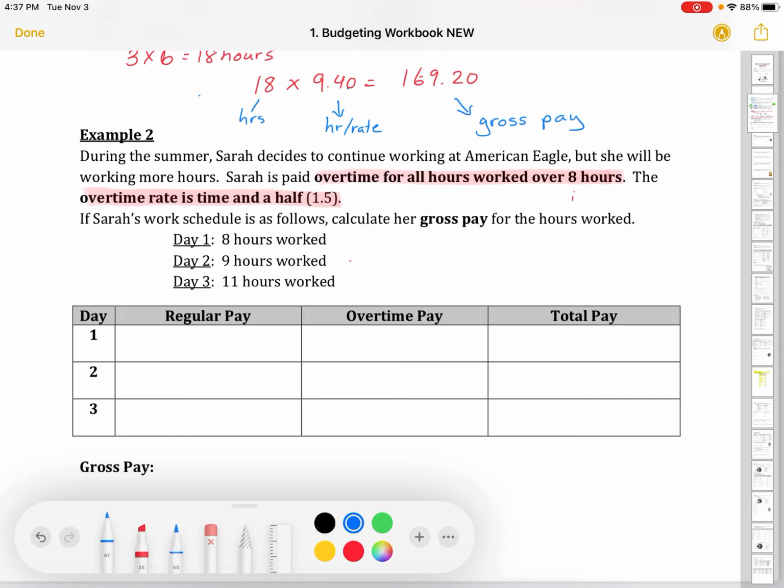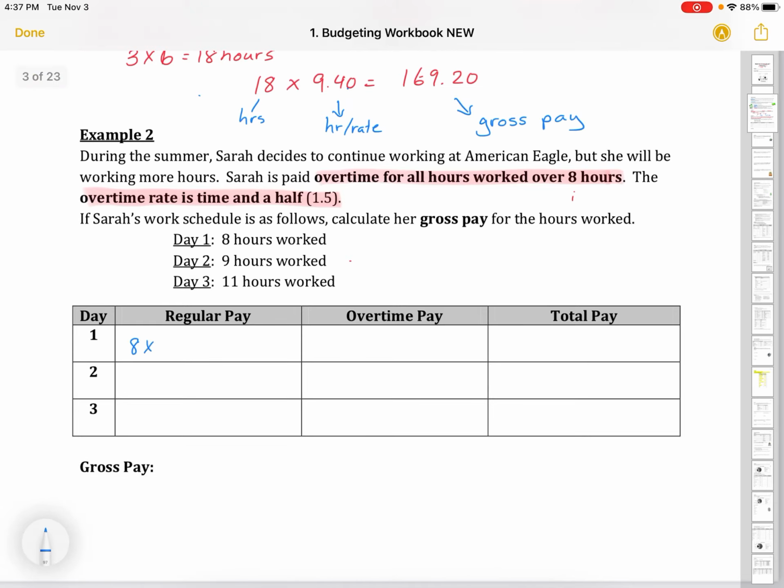For the first day, she worked 8 hours. So it'll be 8 times 9.40, which is equal to 75.20. She did not work any overtime because she only worked 8 hours. So she got 75.20 for that first day. Now day 2, she worked 9 hours, which is 8 plus 1.